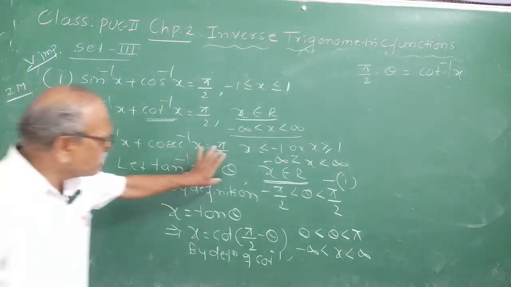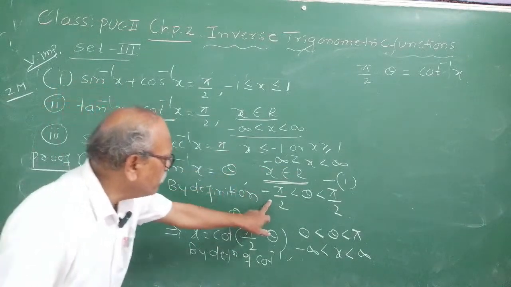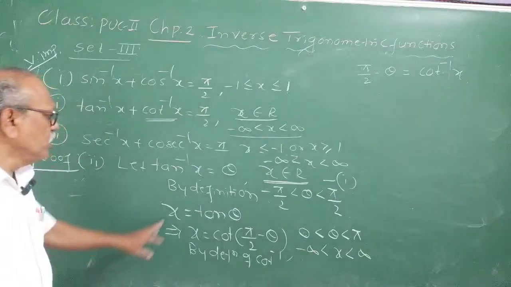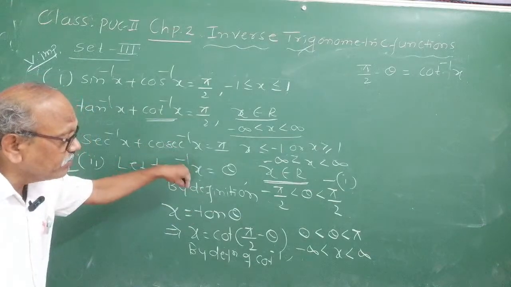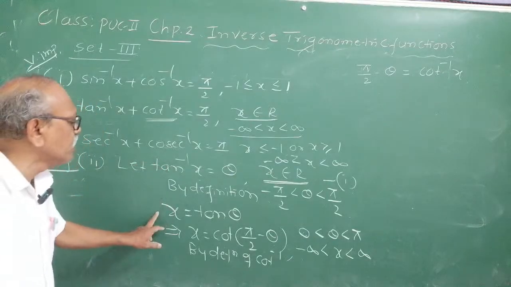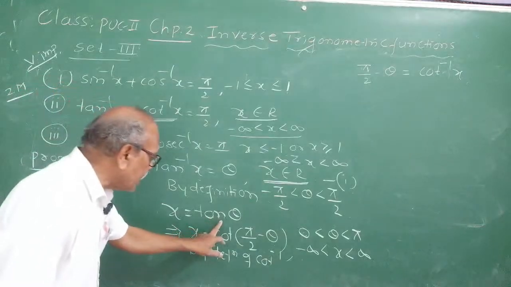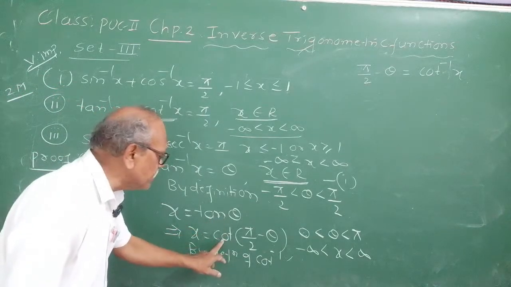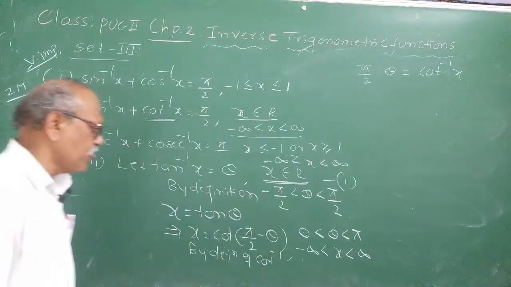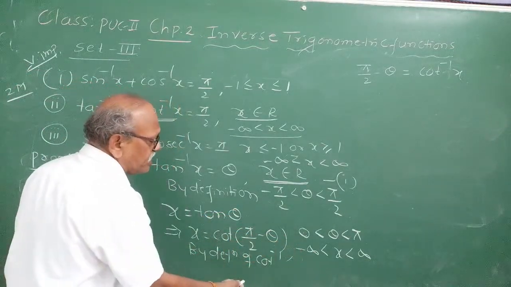See, tan inverse x is equal to theta. They have given x belongs to R, means theta will lie between minus pi by 2 to plus pi by 2. Then now definition is applicable. Otherwise, these restrictions are not there. Definition cannot be applied. You get x is equal to tan theta. Now, I can write tan theta in the first quadrant as cot of pi by 2 minus theta. What is the restriction for cot theta to define inverse of it?